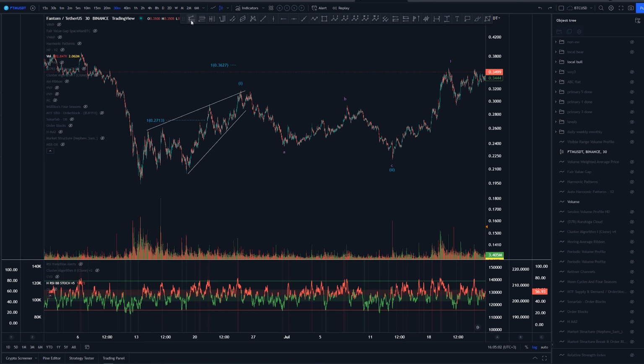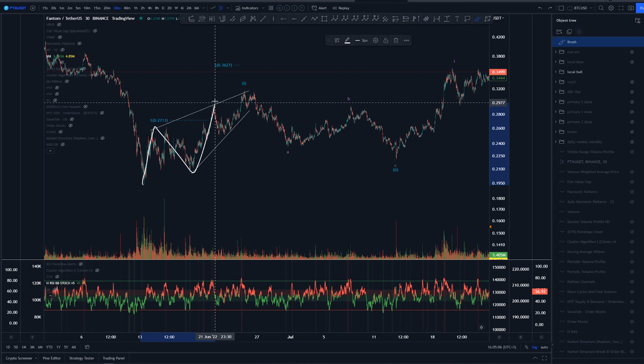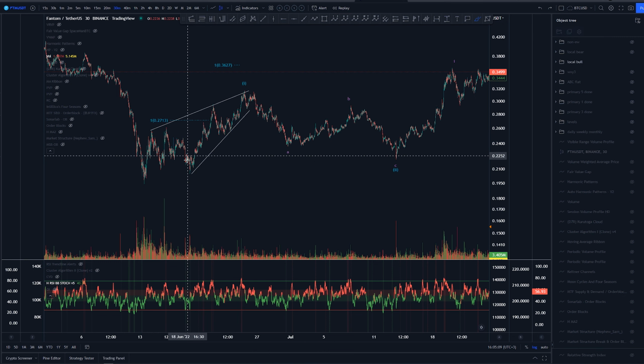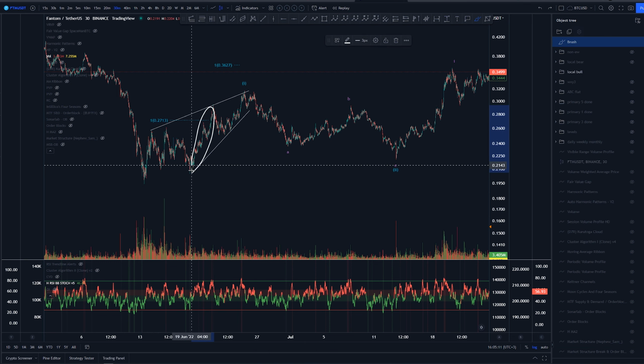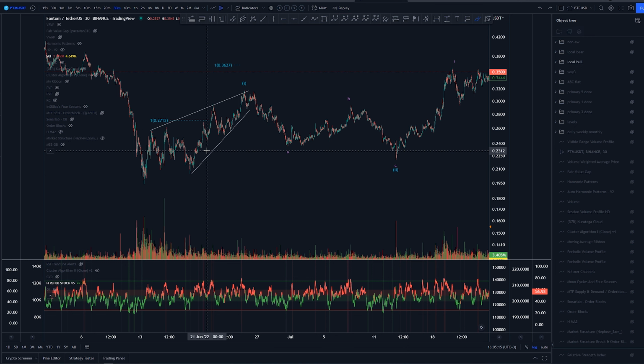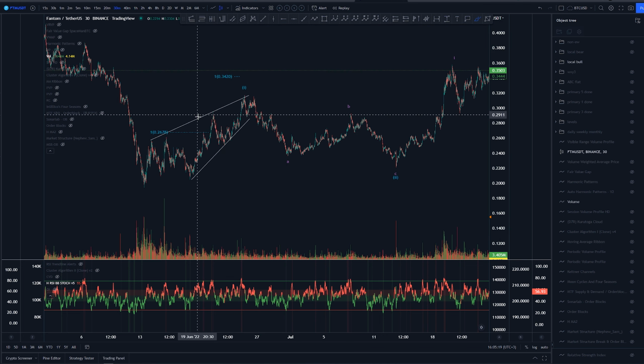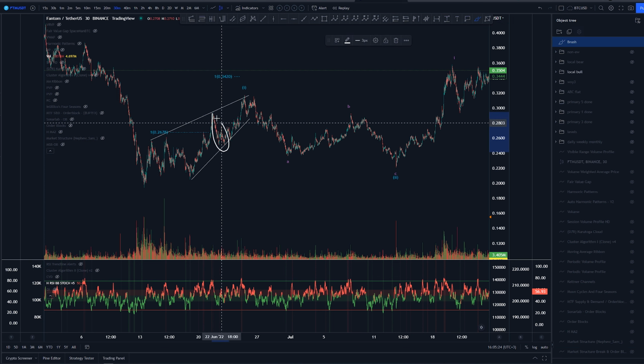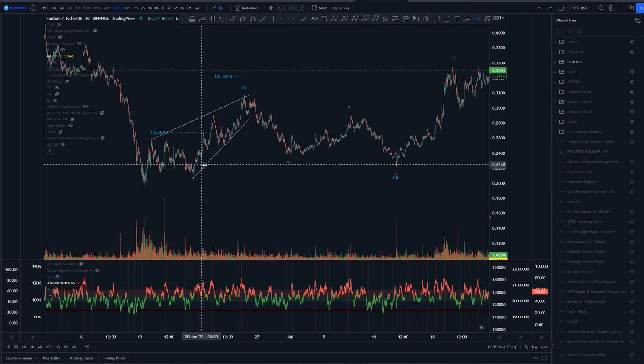Why? Well, at this moment, again, if we are looking at the extension levels, we are measuring this compared against this wave here. So we see that this wave structure is larger than this one, okay? That means we are needing to have an expanding diagonal. If it is an expanding diagonal, then this wave 4 here would need to be larger than this wave 2.